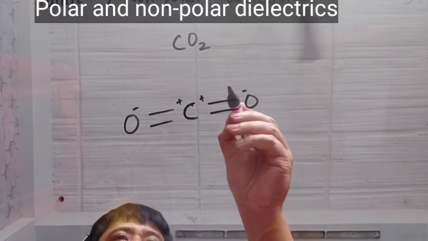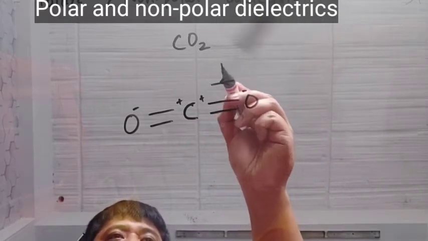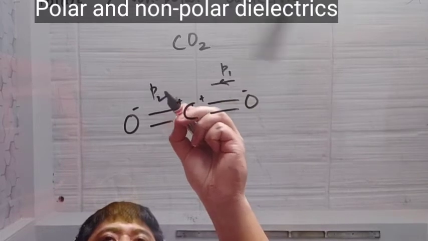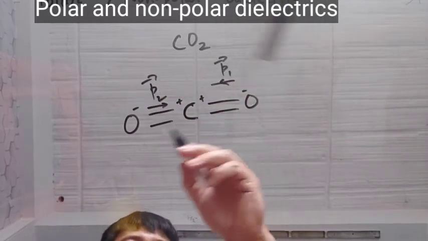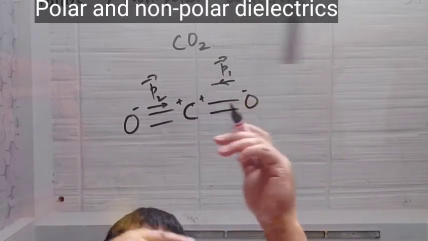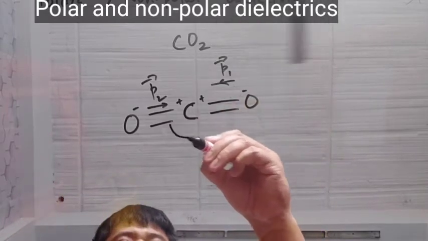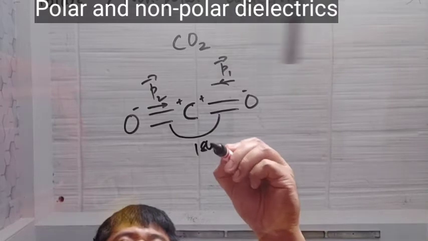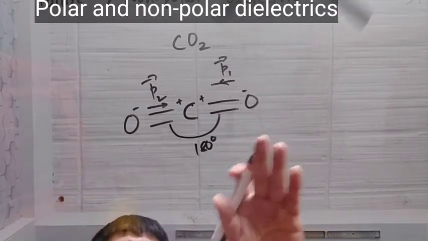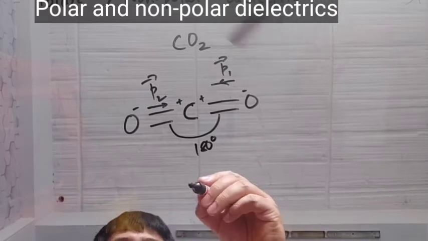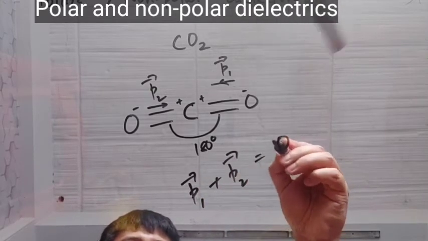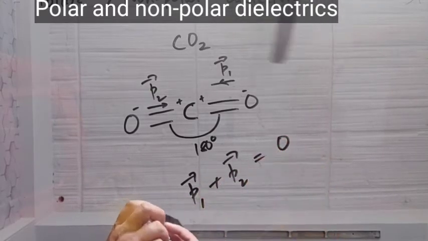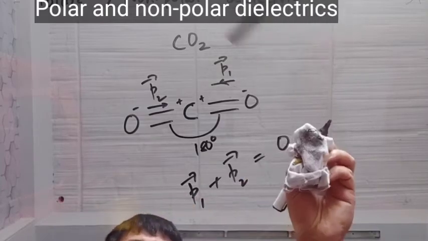Here we have two dipole moments, let it be P1, and this be P2, negative to positive. They are equal and opposite. The angle between P1 and P2 is 180 degrees. So the resultant will be 0. P1 plus P2 will be 0. So it is a non-polar dielectric.